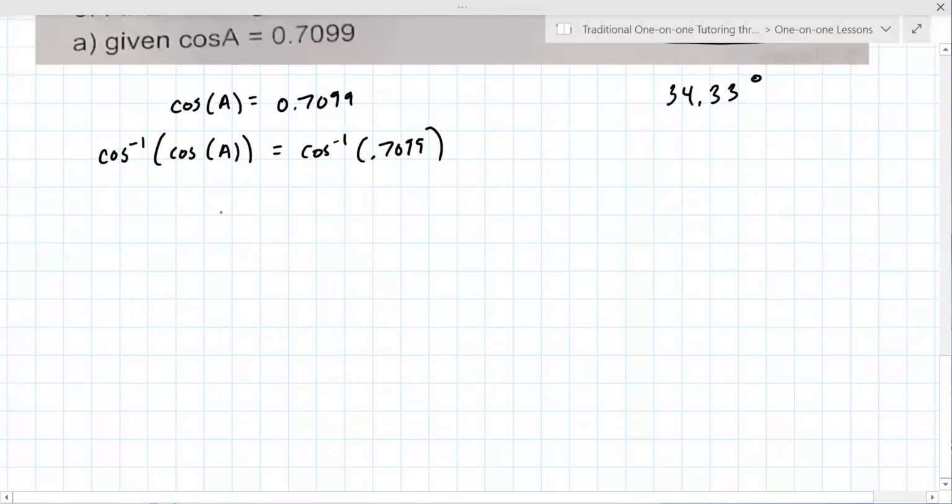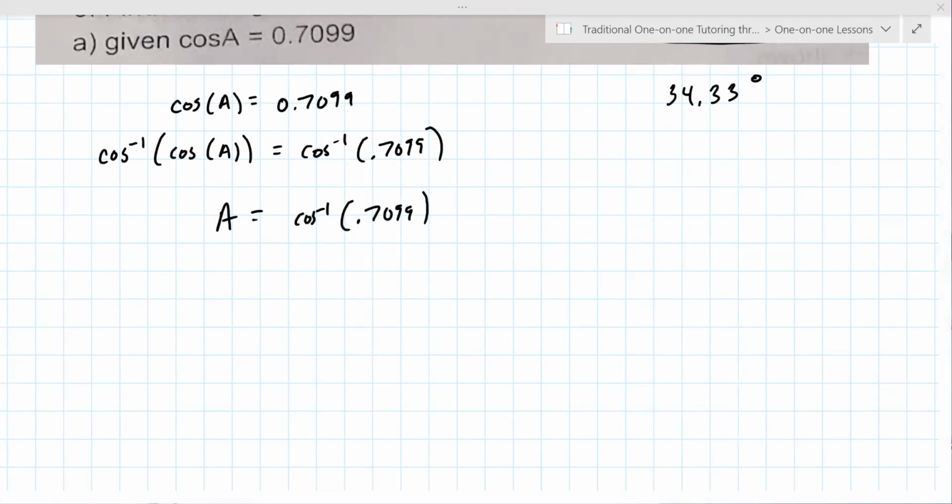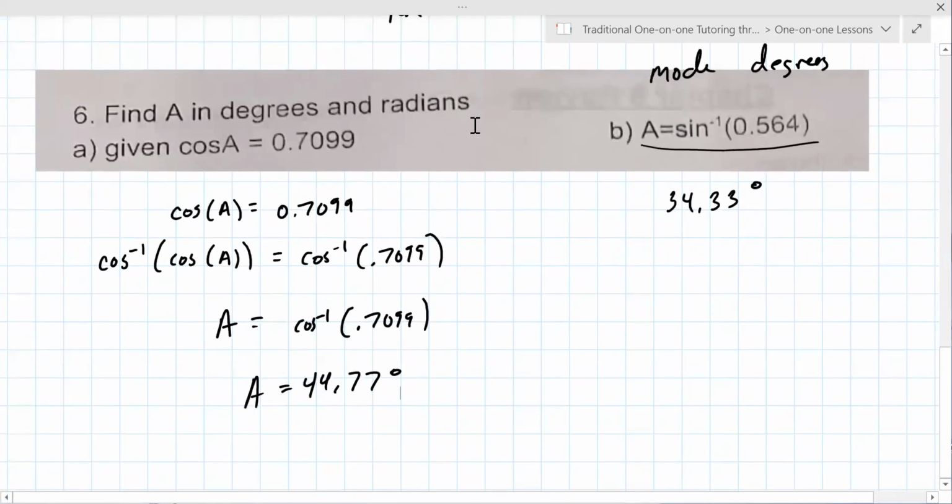So A is cosine inverse or arc cosine of that number there. So you have to be able to take that additional step to be able to get the final value. And I get 44.77 degrees. Yeah, I got the same thing.